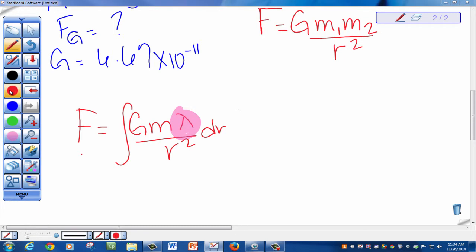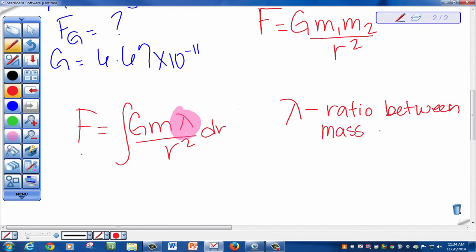Lambda stands for the ratio between the mass of the rod to the length of the rod.